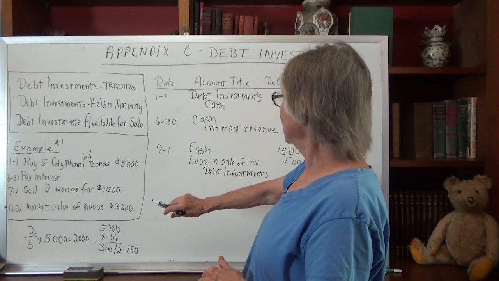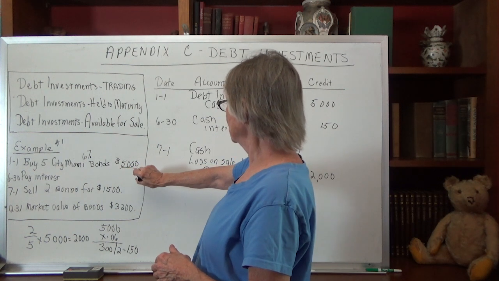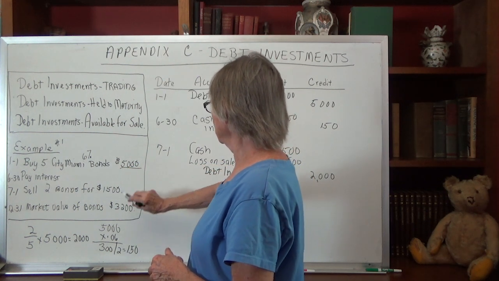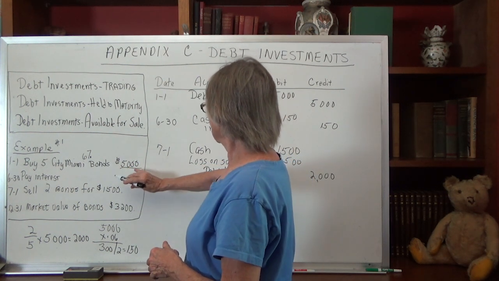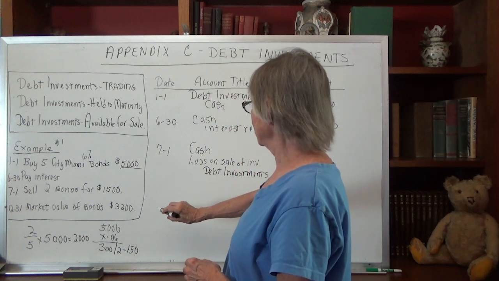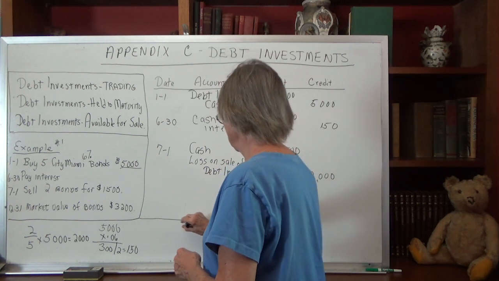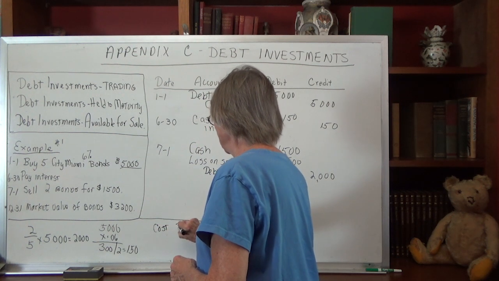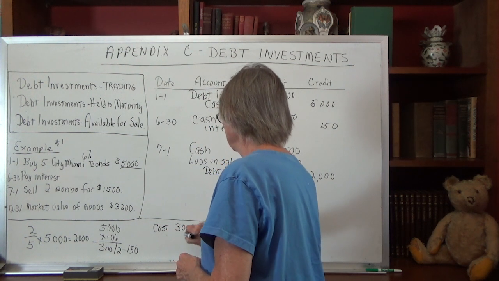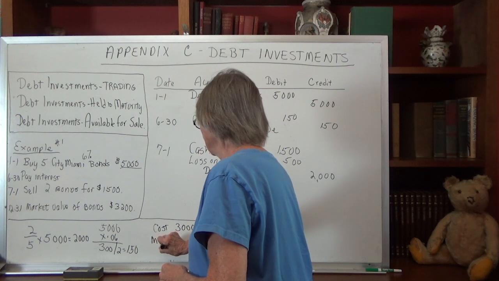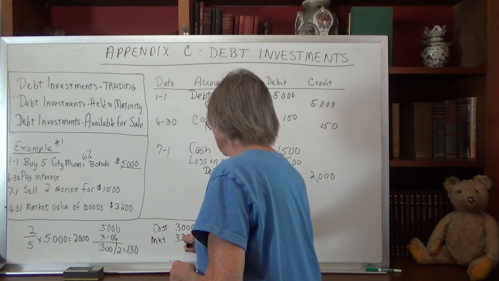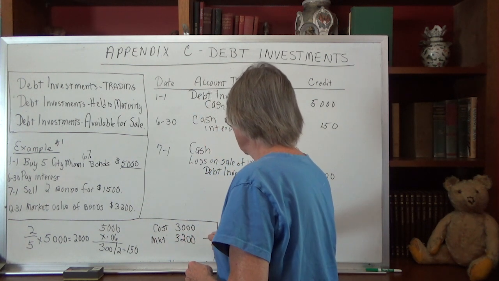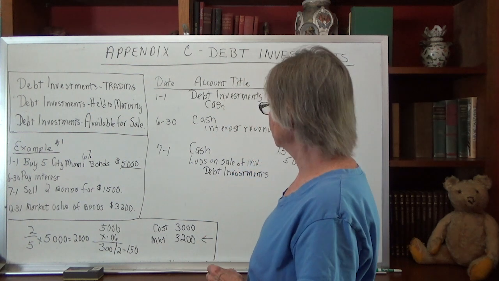We had 5,000 to start. We sold 2,000. So the cost of the bonds we have left is 3,000, and the market is 3,200. Now we're supposed to be using this amount on our financial statements.